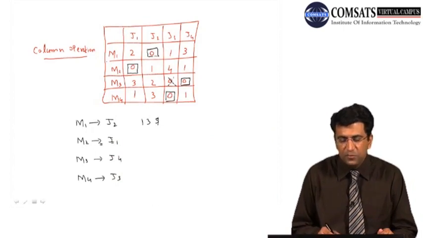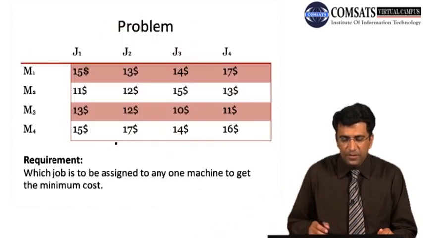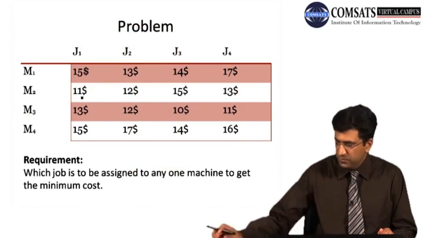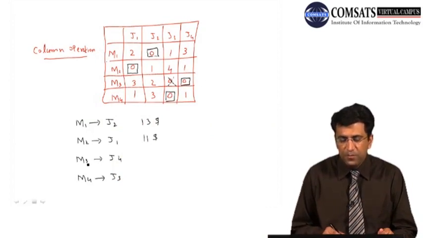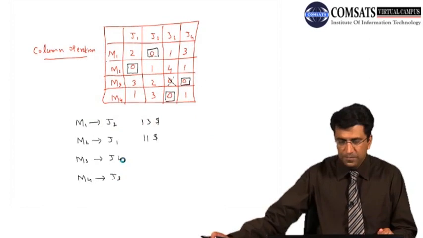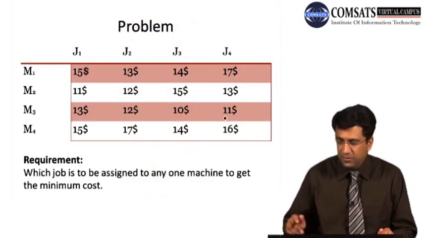Similarly, if we assign M2 to J1, we compare it to the original table, M2 to J1. If we assign M2 to J1, the cost is $11, so we will write $11 here. Similarly, we compare M3 to J4. The relevant cost is $11.